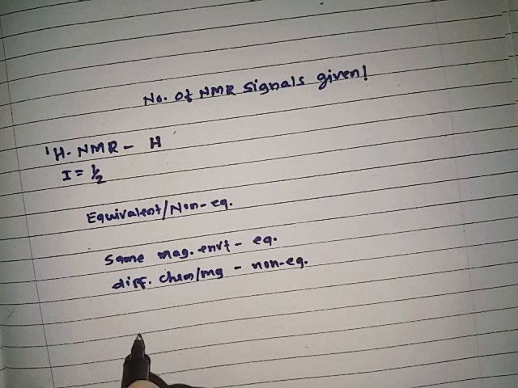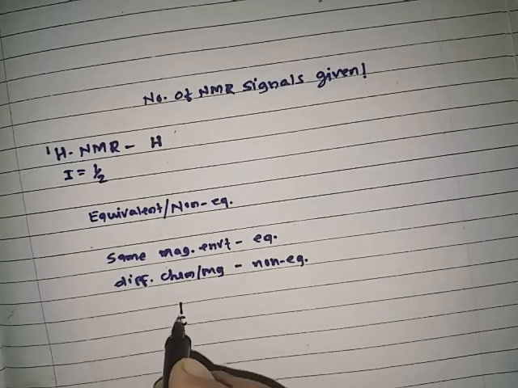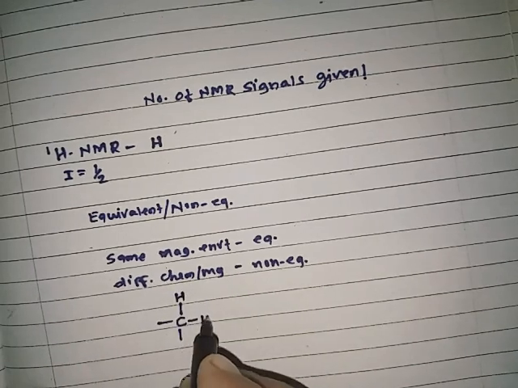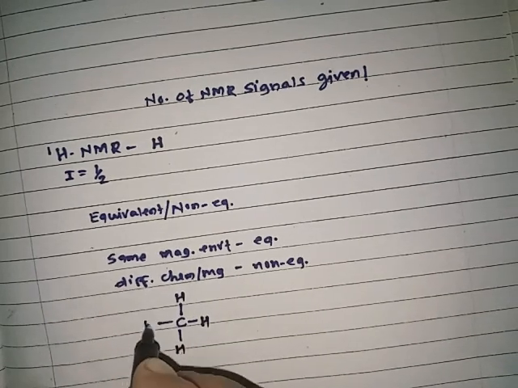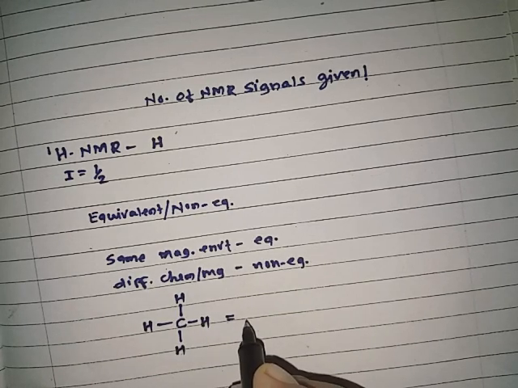Here we take one example, the methane molecule. In this structure there are 4 protons and all 4 are in the same chemical environment.